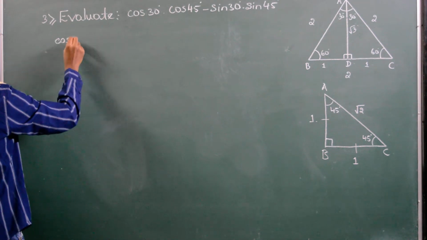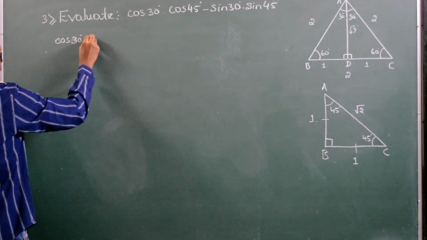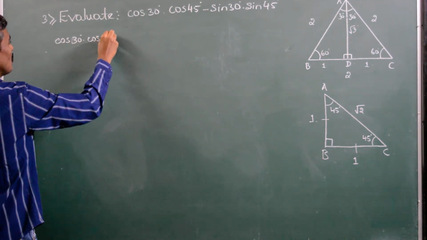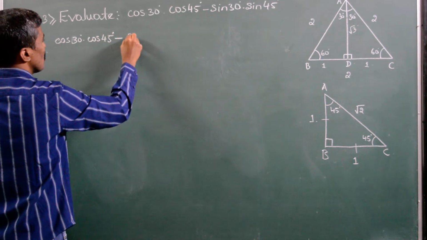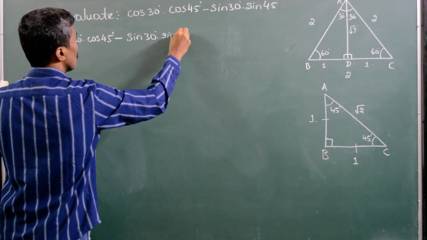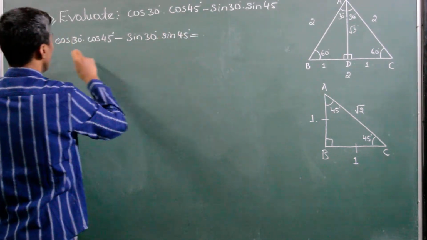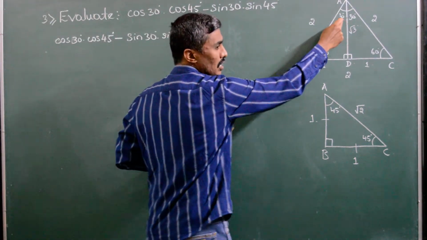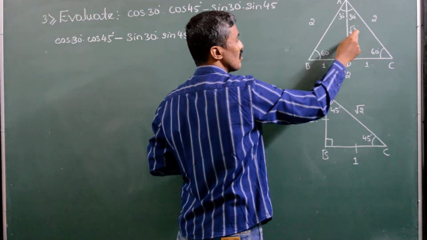Cos 30 degree into cos 45 degree minus sine 30 degree into sine 45 degree. Cos 30 degree: adjacent side by hypotenuse, root 3 by 2.